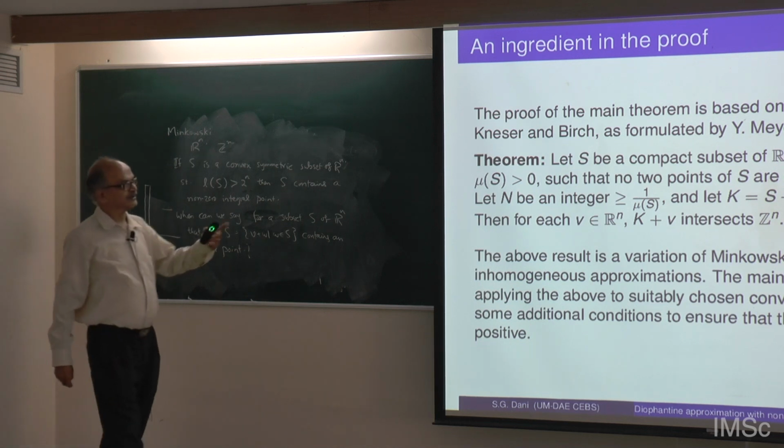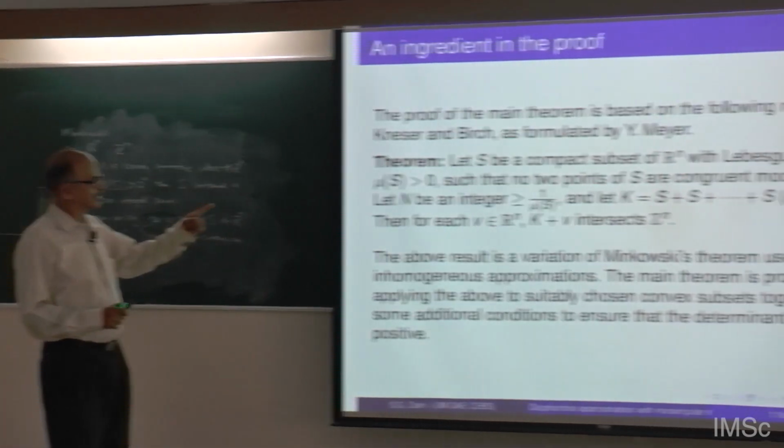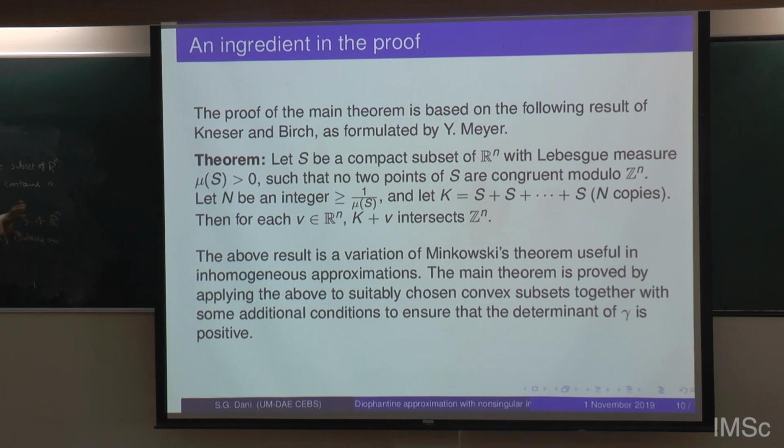But on the other hand, in this construction, so long as your set arises in this manner, then so long as its measure is at least 2^(n-1), you will have the property that no matter where you shift it in the space, it will always contain an integer point.